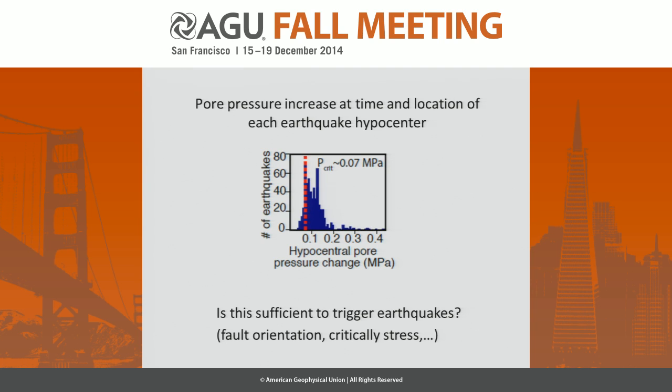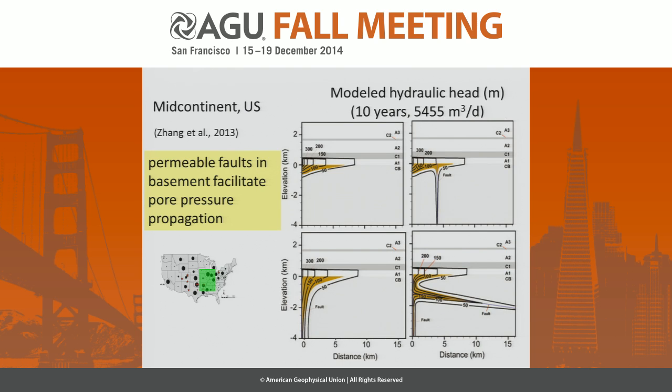For example, fault orientations, and whether the area is critically stressed, those are critical. Based on the simulation we did for this area, that's what we find, but I think these are a broader discussion.